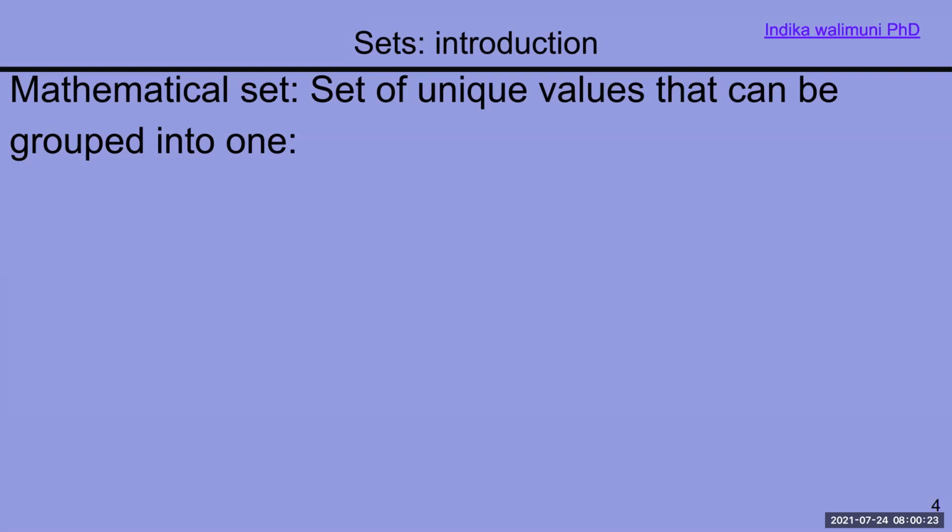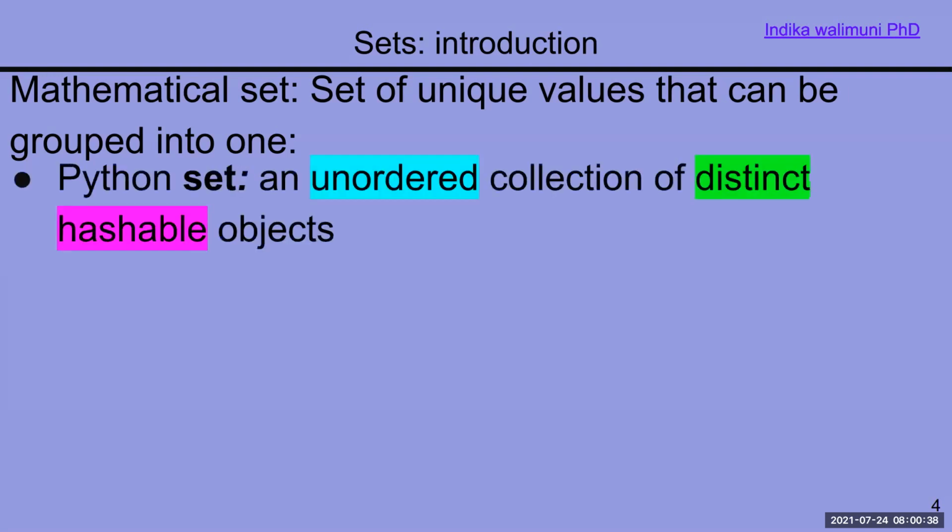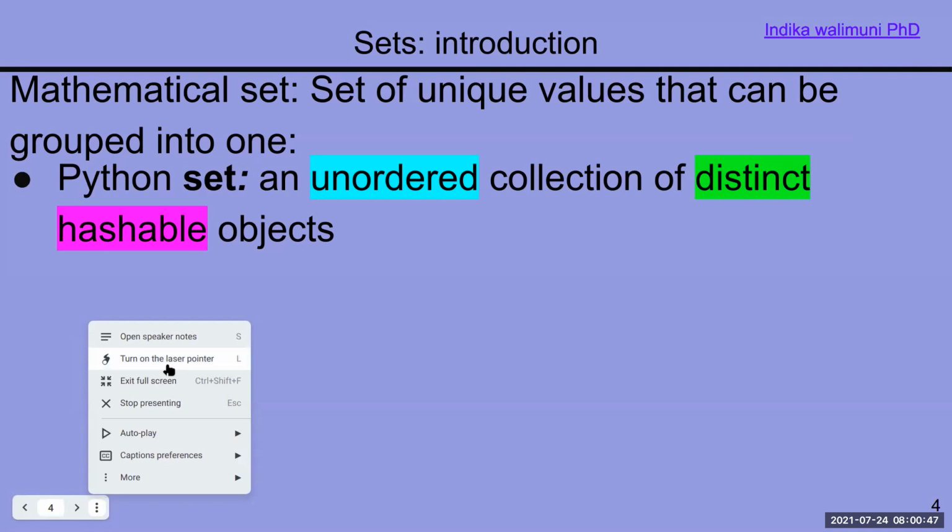Python basically implements the analogy of the mathematical set, the theory of mathematical sets. A Python set is an unordered collection of distinct hashable objects. These are really important words.